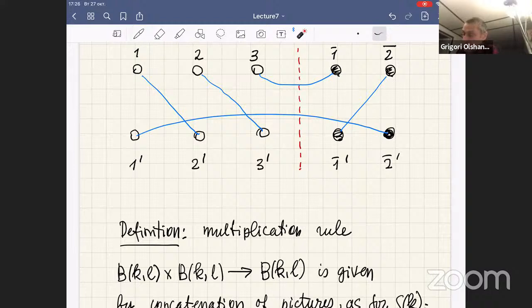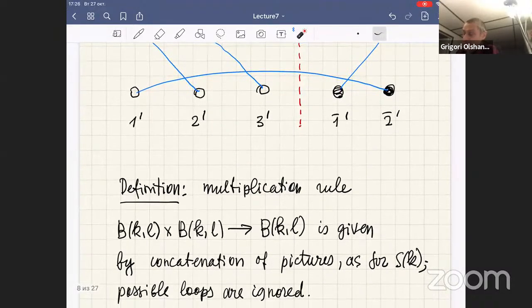So we identify the nodes at the bottom level of this element with the corresponding nodes from the top level of the first element. Multiplication is in this order, from right to left, okay?